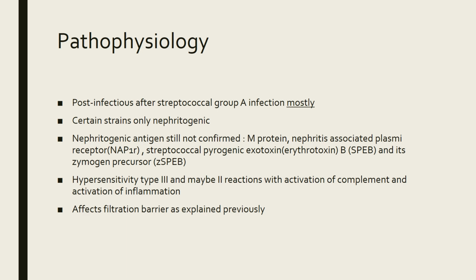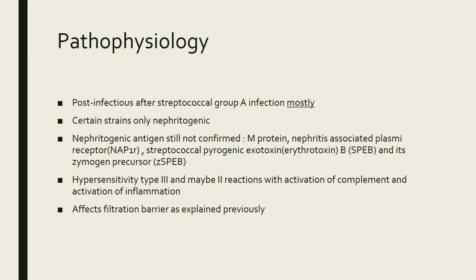antigens now are what are known as the streptococcal pyrogenic exotoxin B and its zymogen precursor. These have been co-localized with C3 and immunoglobulin G in these special features that are seen in the biopsies of patients with post-strep.